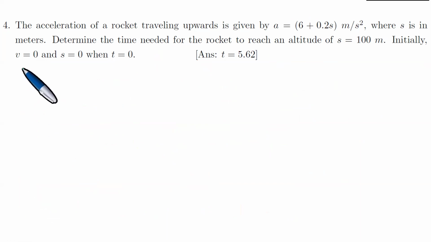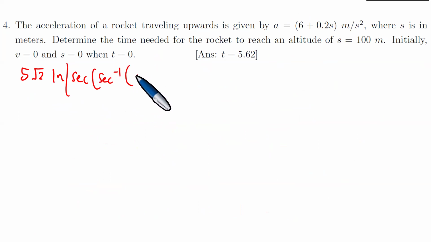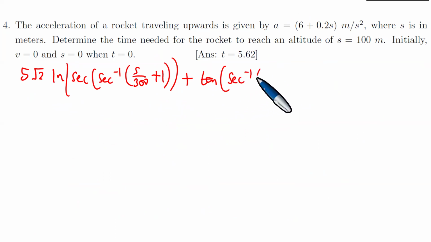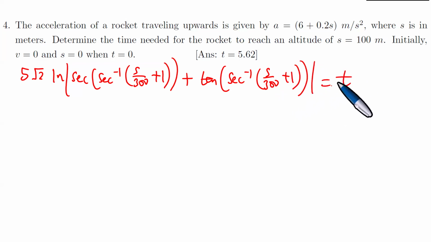So we have 5 square root of 2, the ln of the secant of arcsecant of s over 300 plus 1, and you have the tangent of the arcsecant of s over 300 plus 1, and this is actually t.